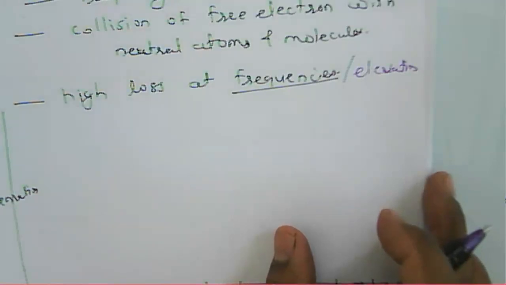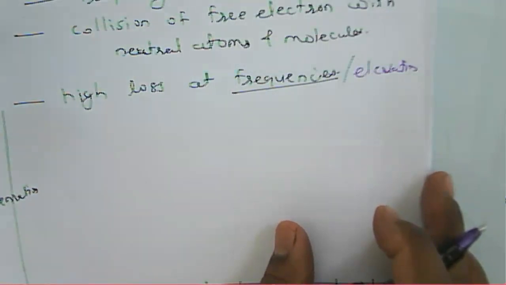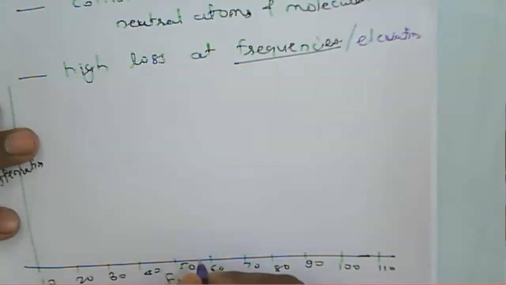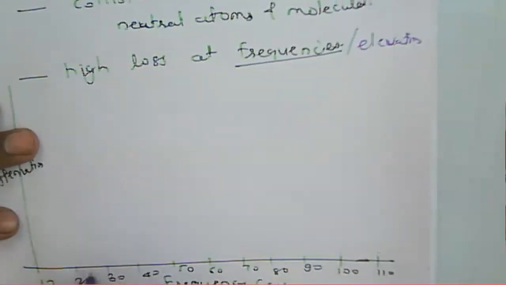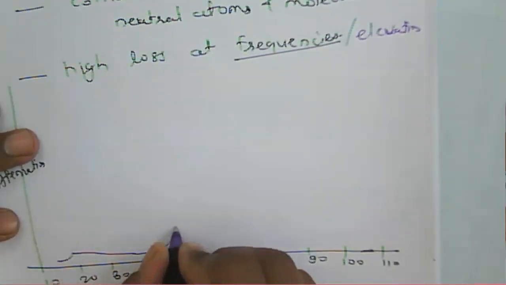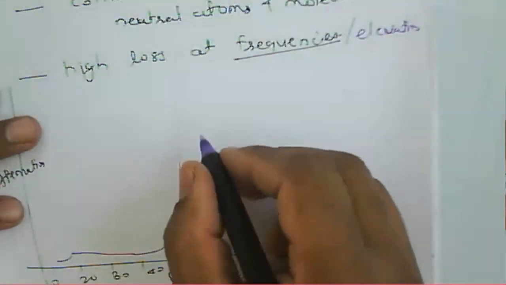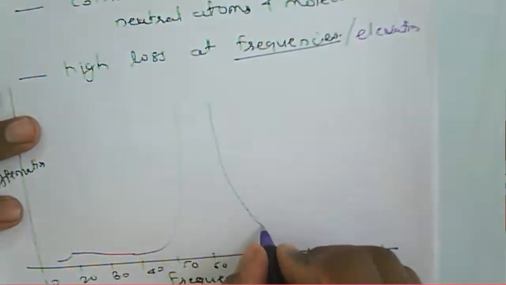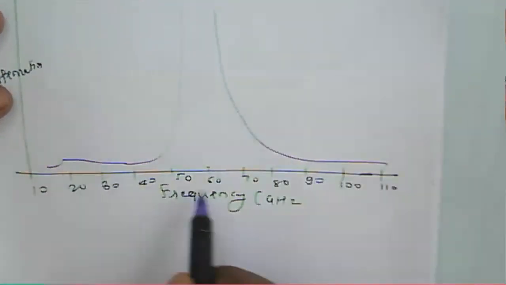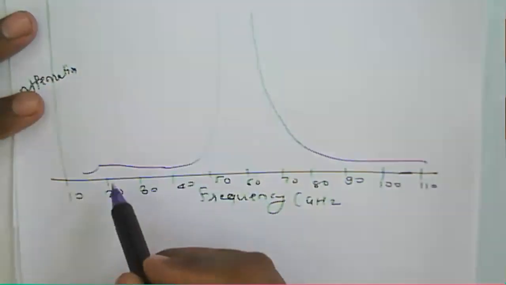Now if you consider the graph here, with different elevation angles at a particular location, at some particular frequencies there may be a lot of loss. Generally, this may be the attenuation at that particular frequency. If you are able to see, this is the frequency in gigahertz, and this is the attenuation.